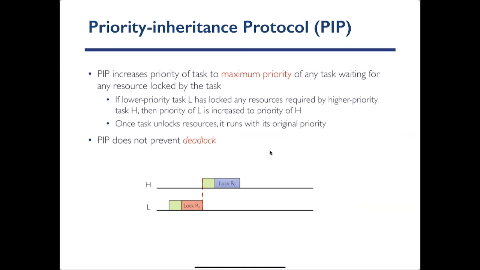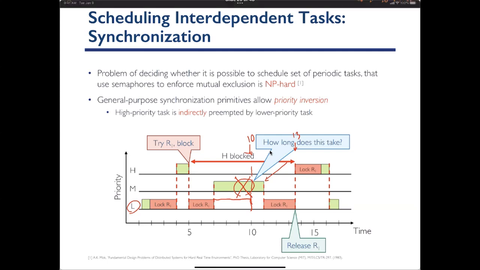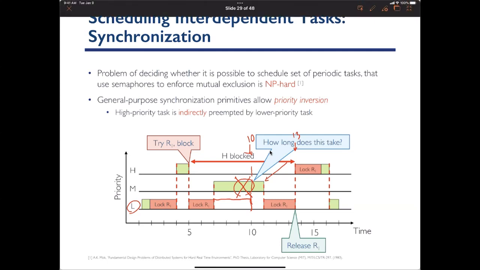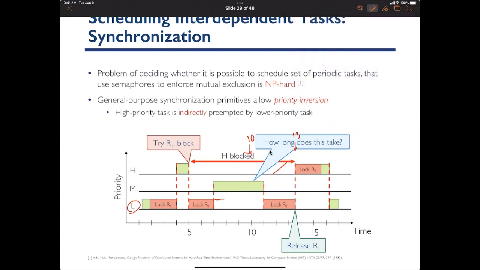Oh, this slide is showing the problem with this. The problem with this is deadlock. Let me go back to this example here and show priority inheritance in action.